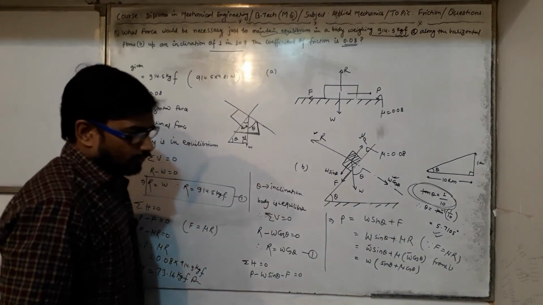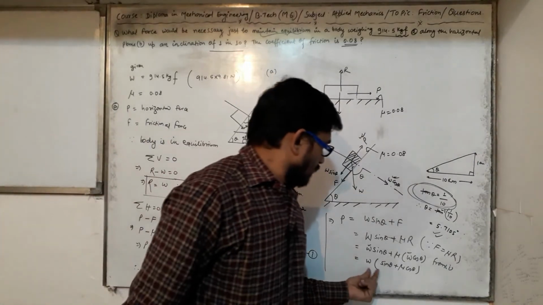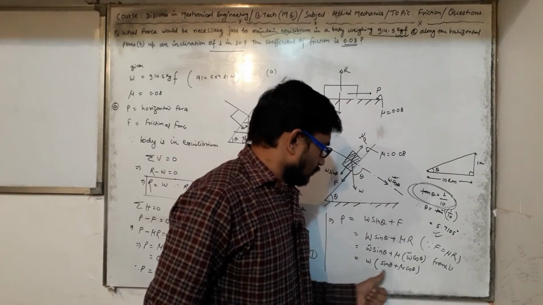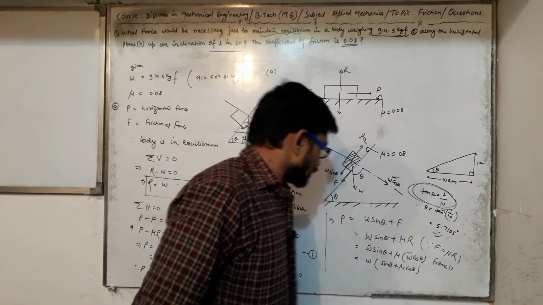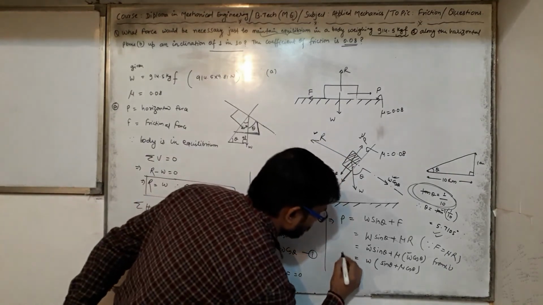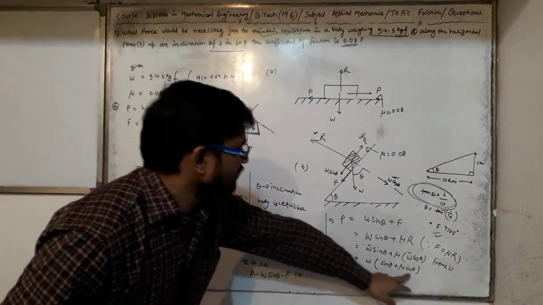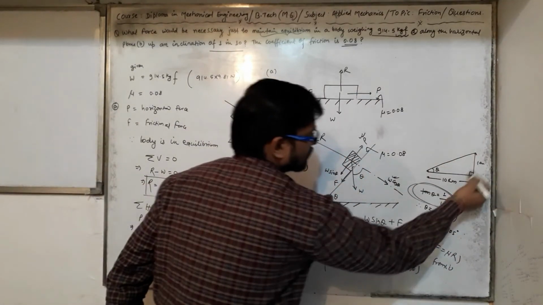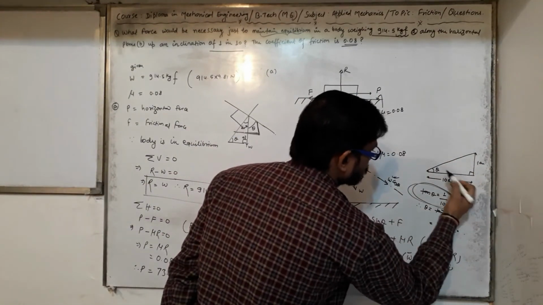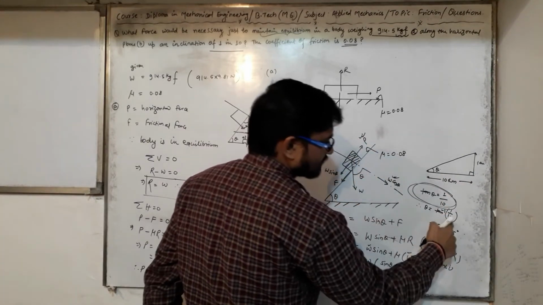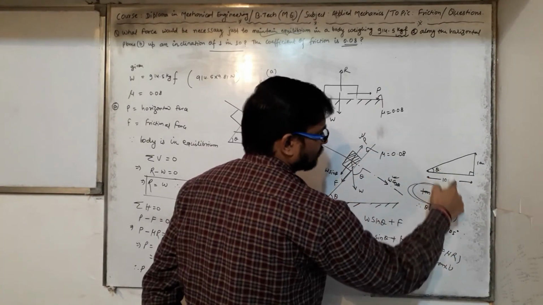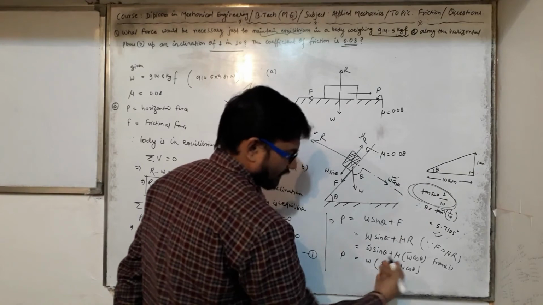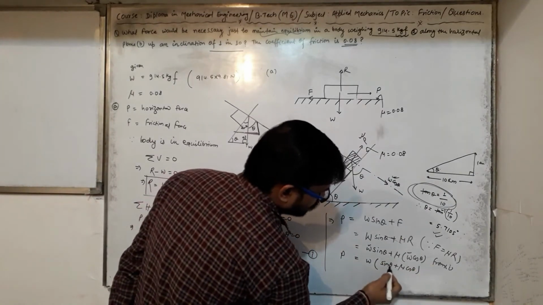See, we have to put in the values of W, sin theta, mu and cos theta to get the value of P. Now sin theta and cos theta, how will you get them? See, in the right angle triangle you can see that for this theta, tan theta is this much. Sin theta and cos theta we can find by using a calculator.